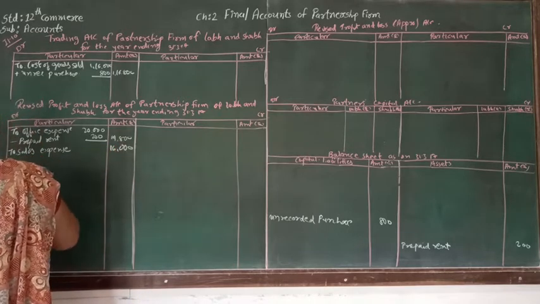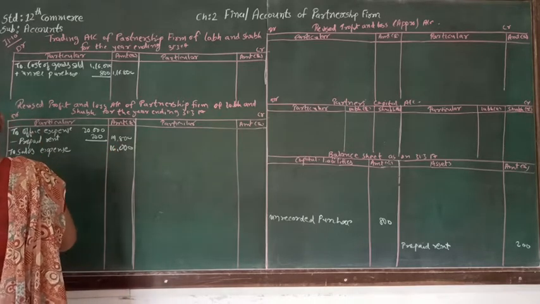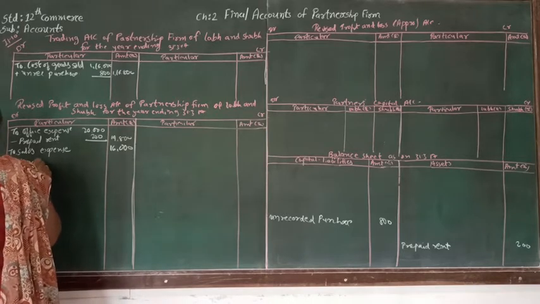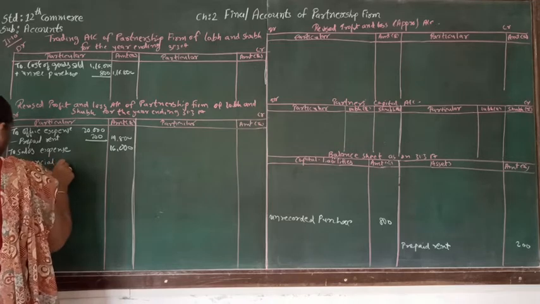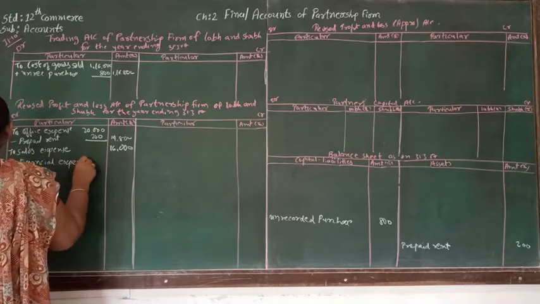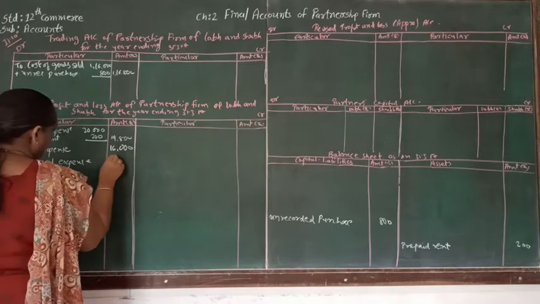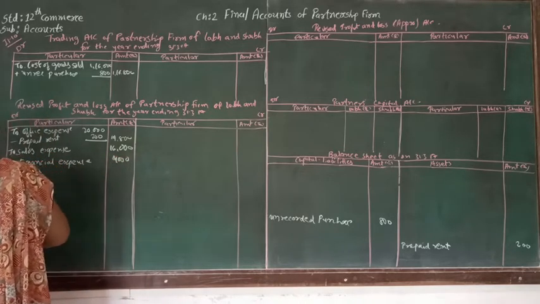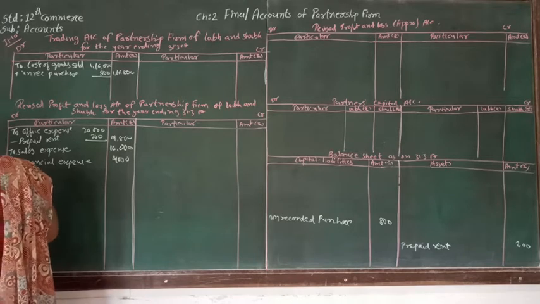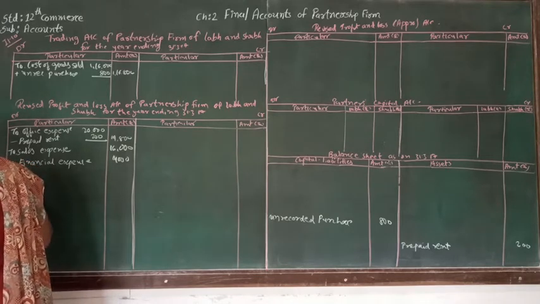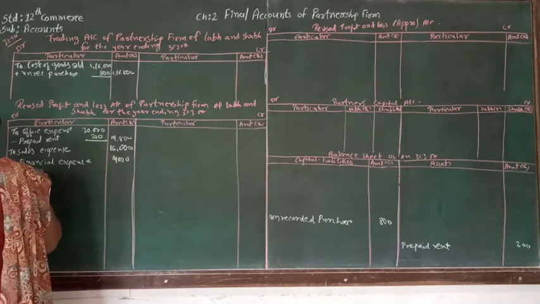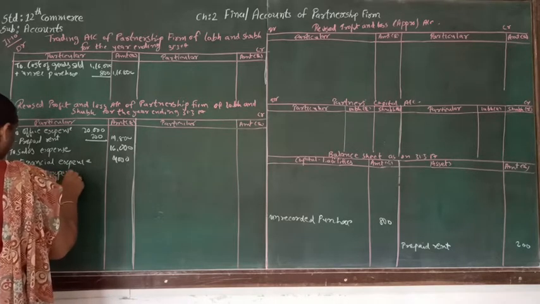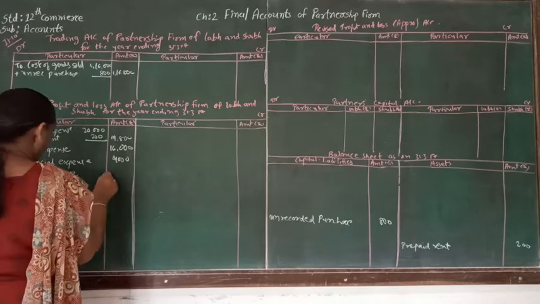After that another account is financial expense, to financial expense, and that is 4,000. After that another expense is sundry expense, and the sundry expense account is 4,000.